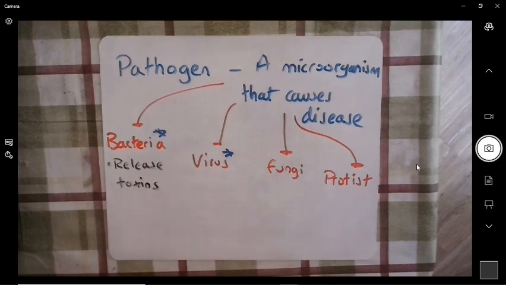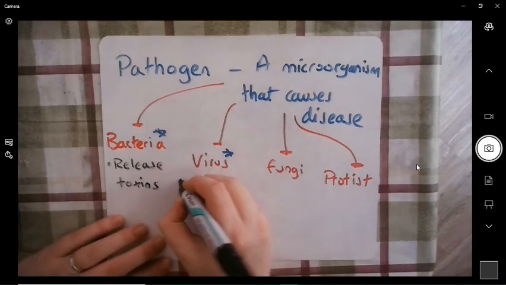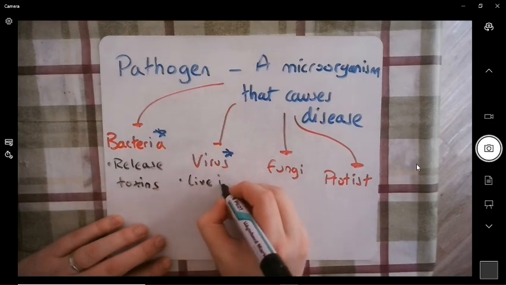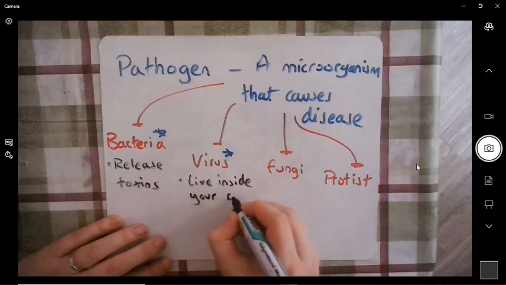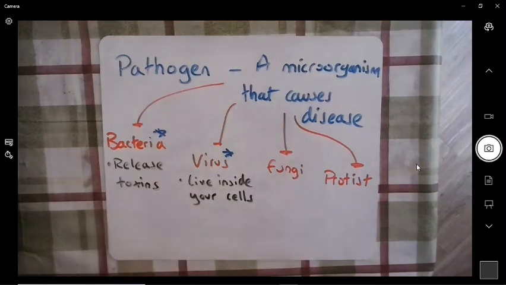Viruses don't live out in the open. Viruses live inside your cells. So they actually enter your human cells. And they actually go inside your nucleus and your genetic machinery, and they take it over and they use your genetic machinery to reproduce.